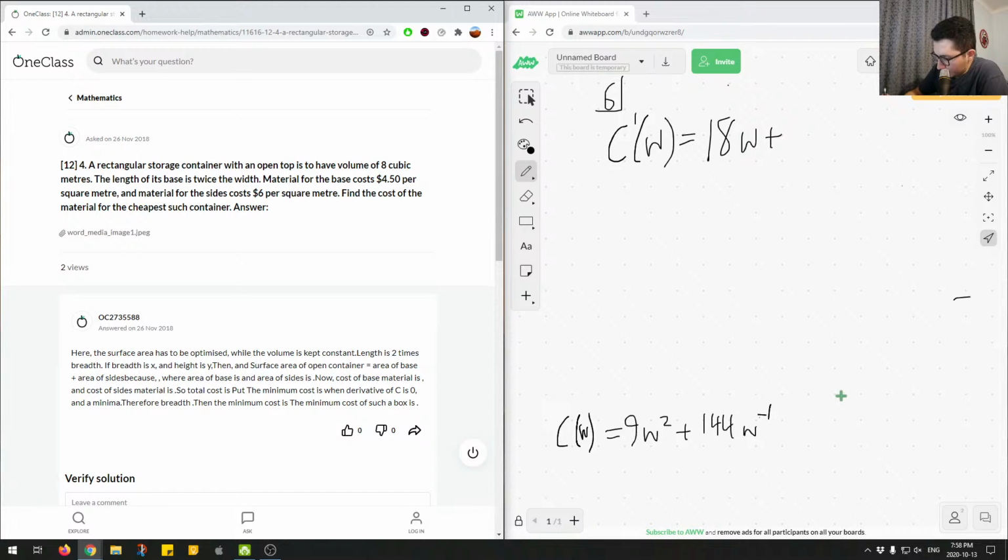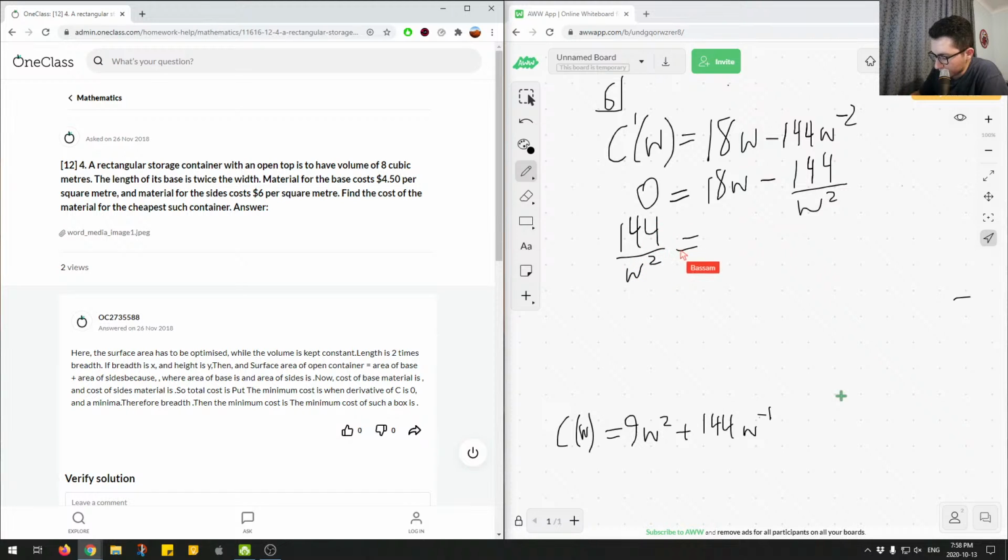So we'd actually not have plus, we'd have minus. So we have minus 144 W to the -2. So setting this to 0, we'd have 18W minus 144 over W squared. This would give us 144 on the left side divided by W squared equal to 18W.